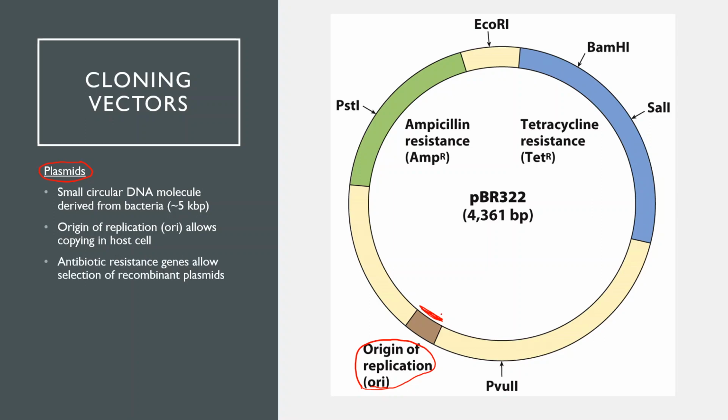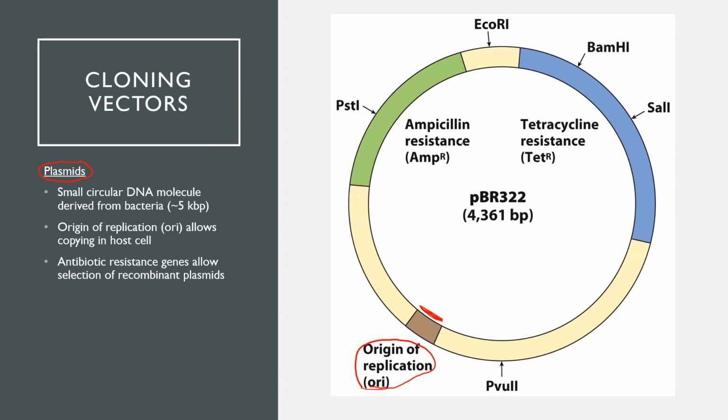Then you also need some way to tell if your host organism actually contains your plasmid, and to tell if your plasmid contains your cloned DNA. So there are a number of different ways to do this, and we'll talk more about those in a few minutes.